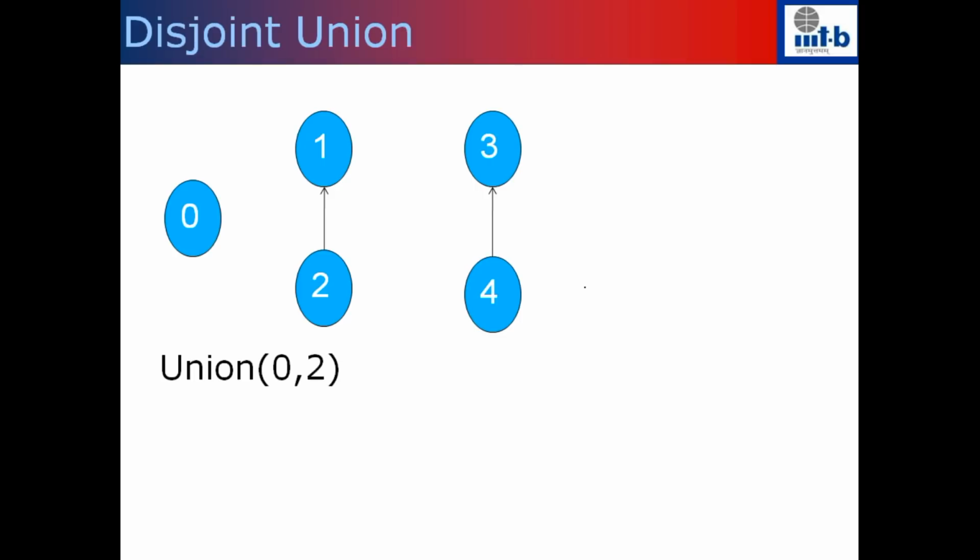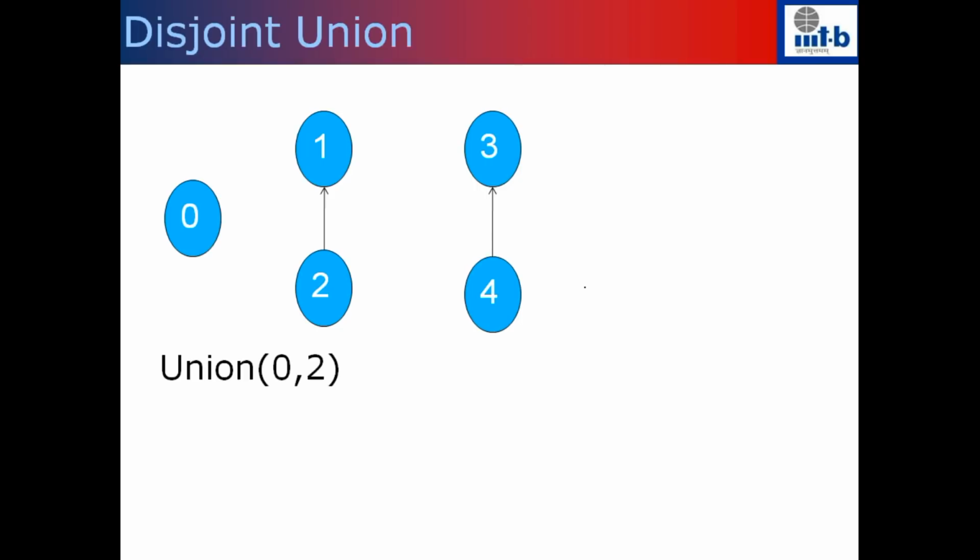If you ask me which set 2 belongs to, I'll report the leader of the set, which is essentially the root of the subtree to which 2 belongs. That is 1. If I say find 4, that means find which set 4 belongs to. The find function will tell me the root of the subtree to which 4 belongs.